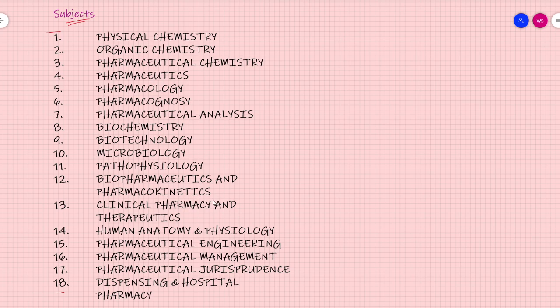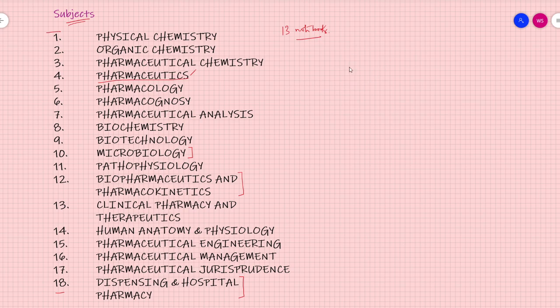Now, there are some subjects that can be studied together. For instance, microbiology, biopharmaceutics, and dispensing can be studied under pharmaceutics. So we need just one notebook for that subject, and it would encompass these subjects as well. That's the reason 13 notebooks should suffice.